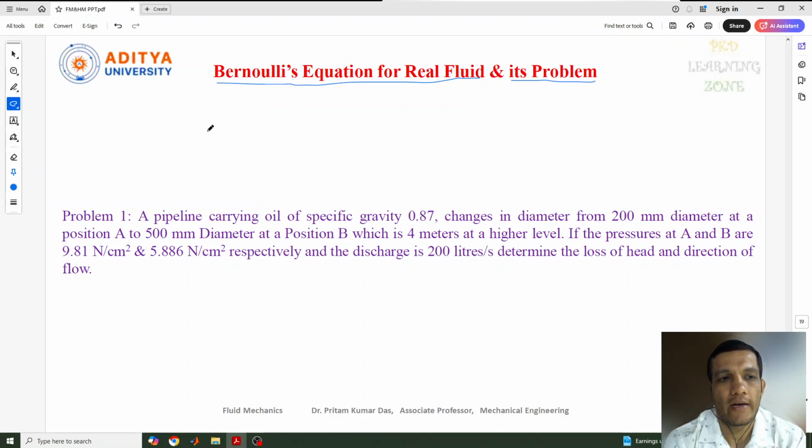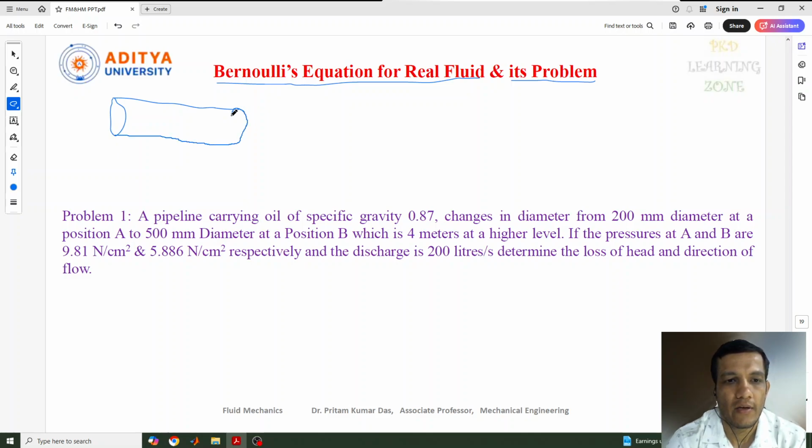Now, when we consider a real fluid, suppose flowing in a pipe, what will happen? We need to consider that the fluid has some viscosity.